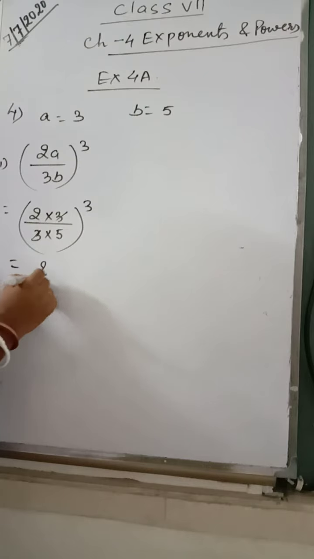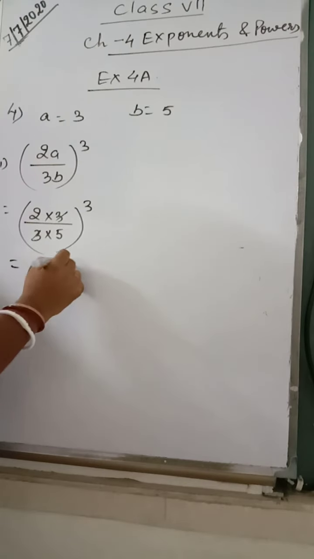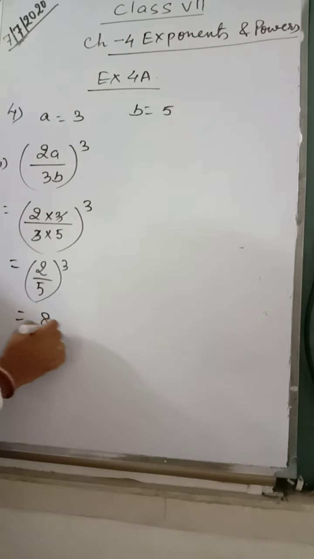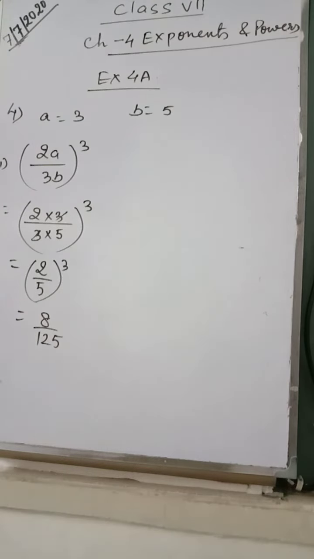So it gives you (2 by 5) to the power 3, or it gives you 8 by 125. Please write it. Whatever can be cancelled, you can. There is no such rule that you cannot cancel. So please write it.